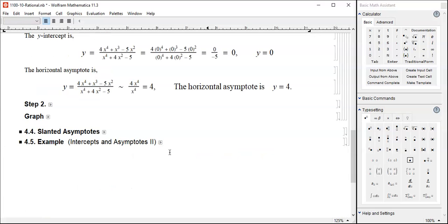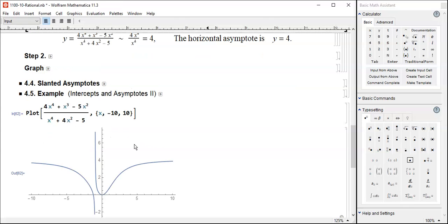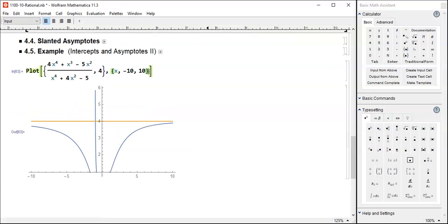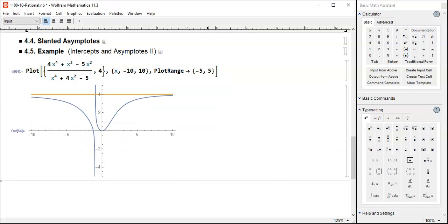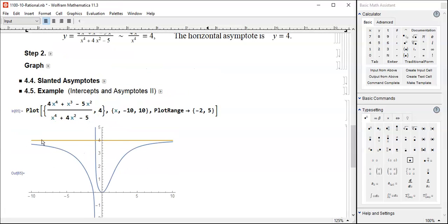So if I plot this, then you're going to get some horizontal asymptote forming, and that should be 4. Okay, you can see the horizontal asymptote forming.